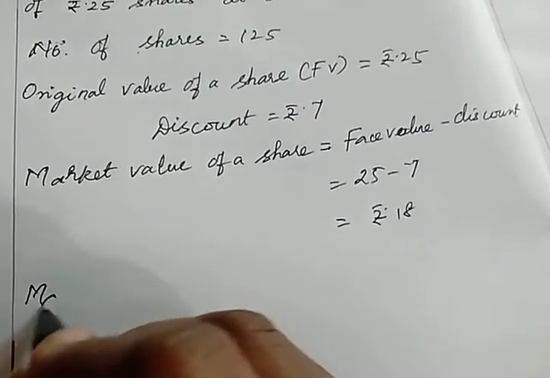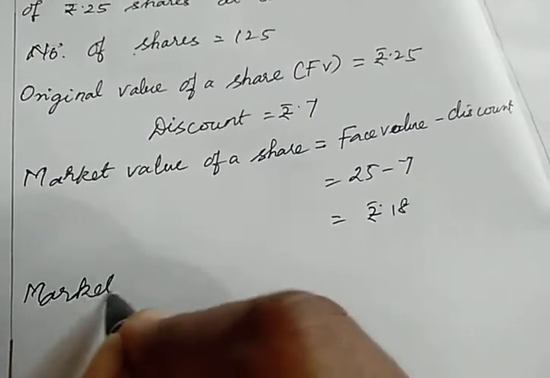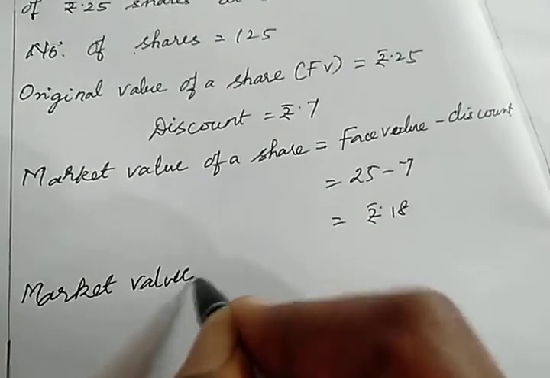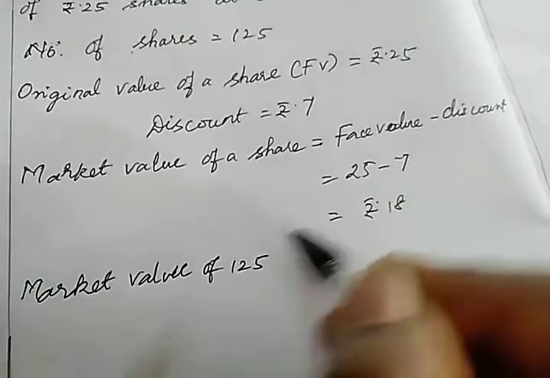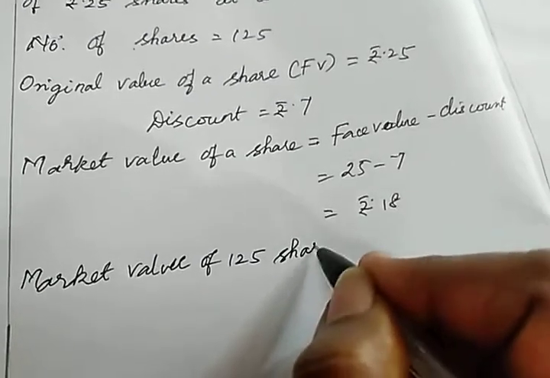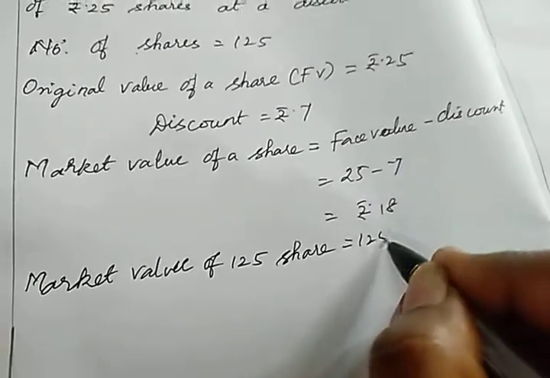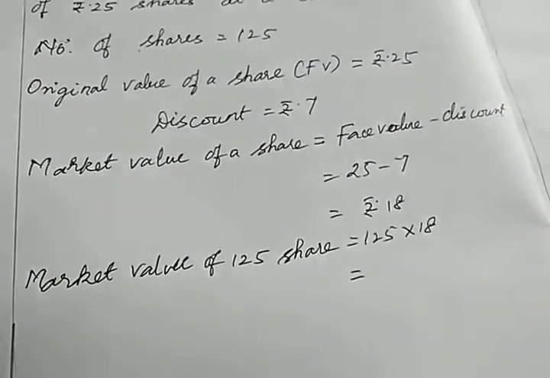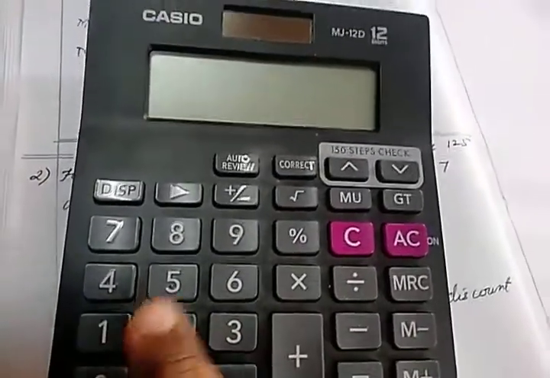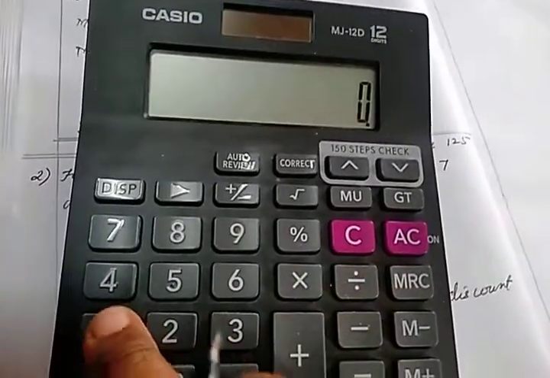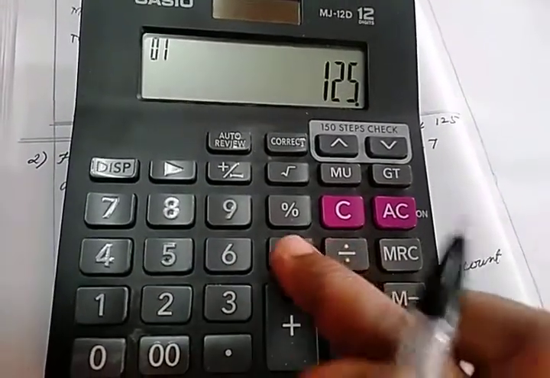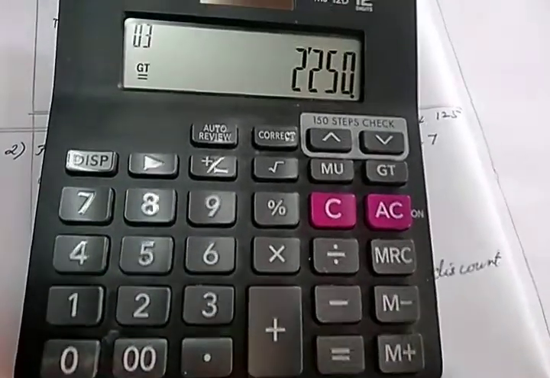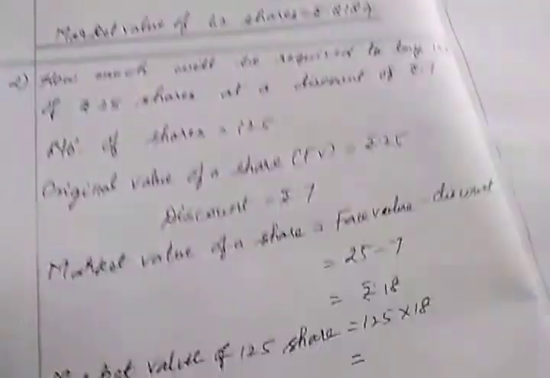Now we are going to buy 125 shares. Market value of 125 shares equals 125 into 18. 125 into 18 will get 2,250.